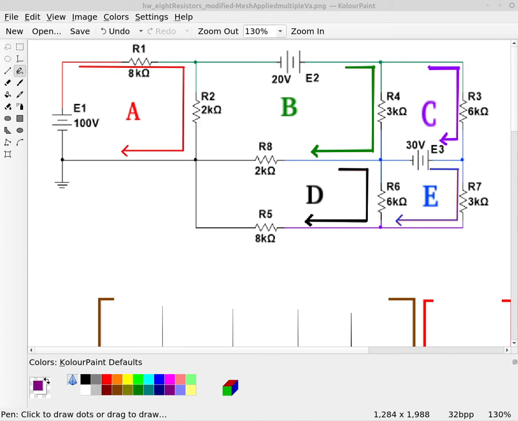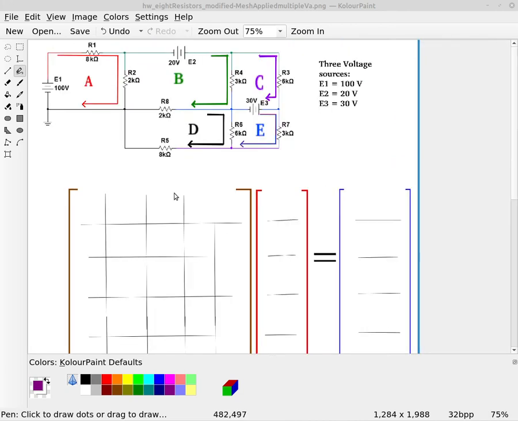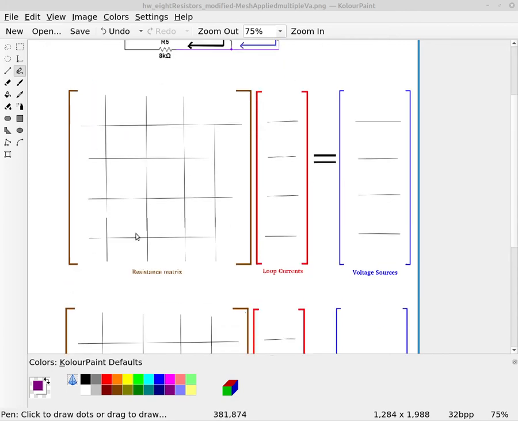So we'll see, we're going to solve for the loop currents, and so we're going to build up our matrices. So we have our resistance matrix, which is going to be a 5 by 5 because there's 5 loops. Then of course we have our loop currents, and we're going to have our voltages.